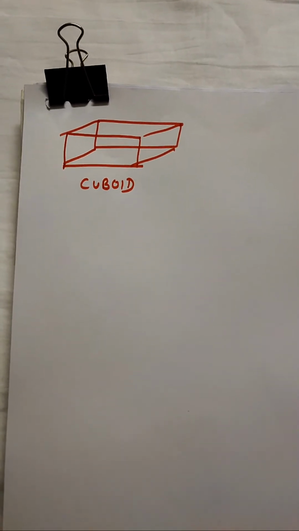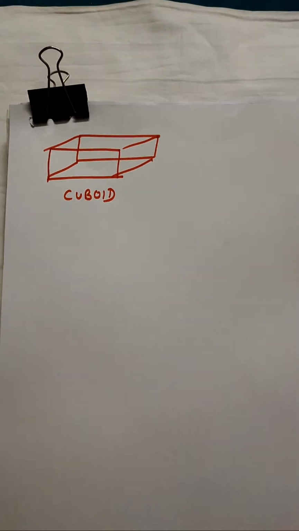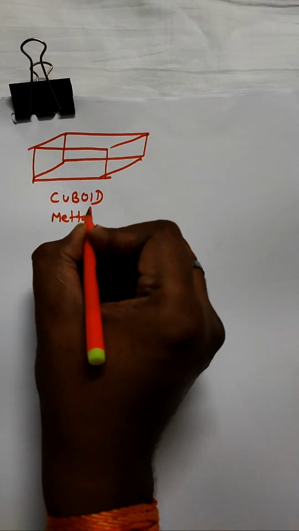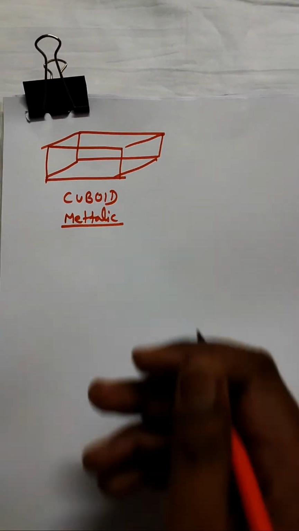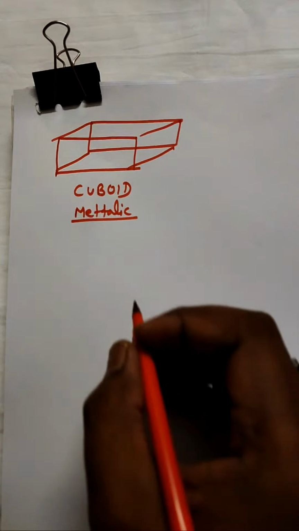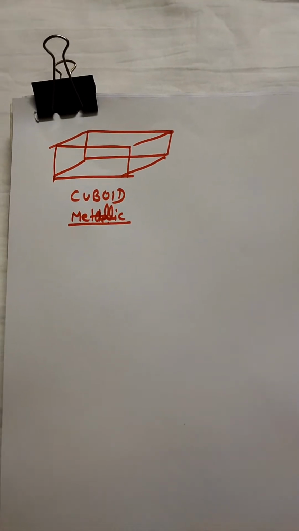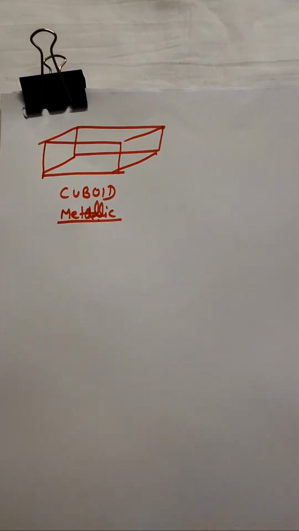This cuboid is given, and the different dimensions of this metallic cuboid are given as 100, 80 and 64.